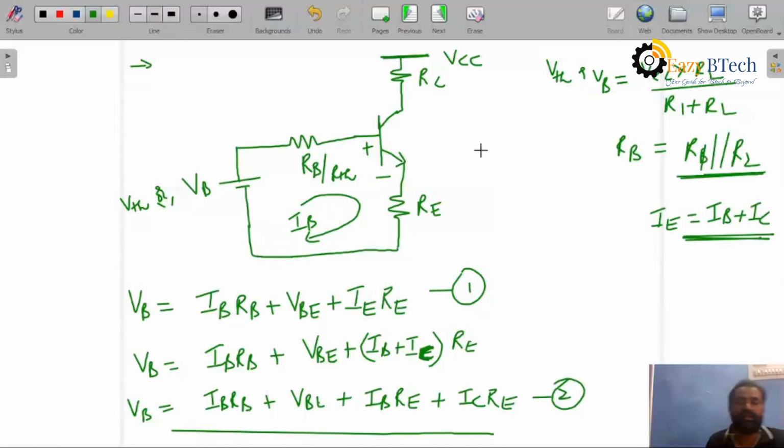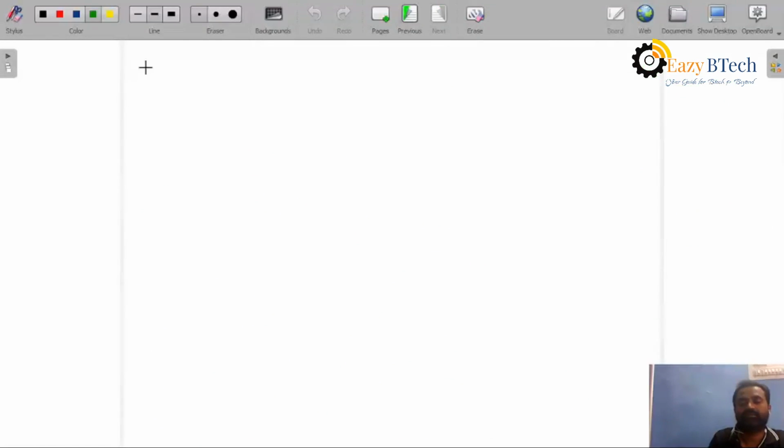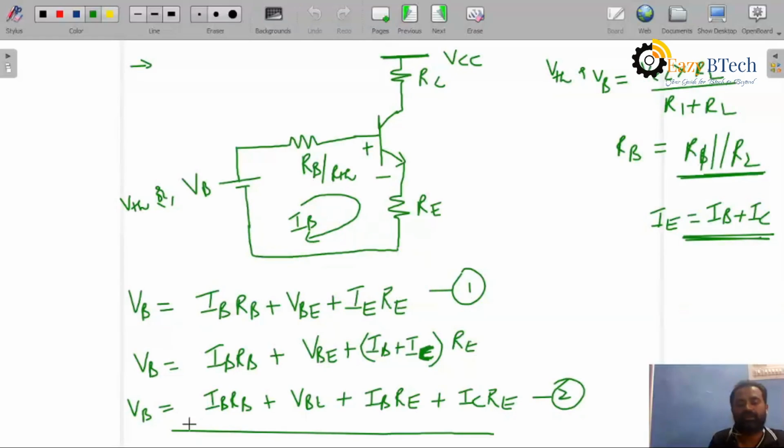From this we will obtain IB. Here IB is common, so we can obtain the IB value.